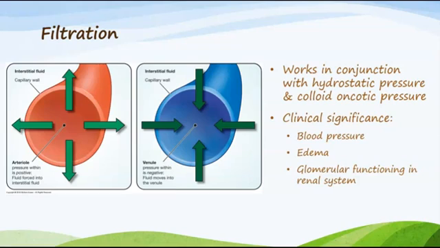So in general, what we're going to see is at the arterial side of the capillary, which you can see in this picture here, my arterial side. In general, on that side, my hydrostatic pressure is going to be greater than my colloid-oncotic pressure. But when we get to the venous side, which you can see here, we're going to see that the hydrostatic pressure is actually going to be less than the colloid-oncotic pressure.